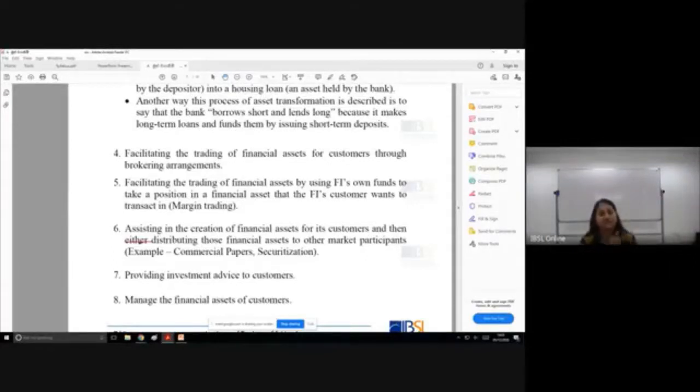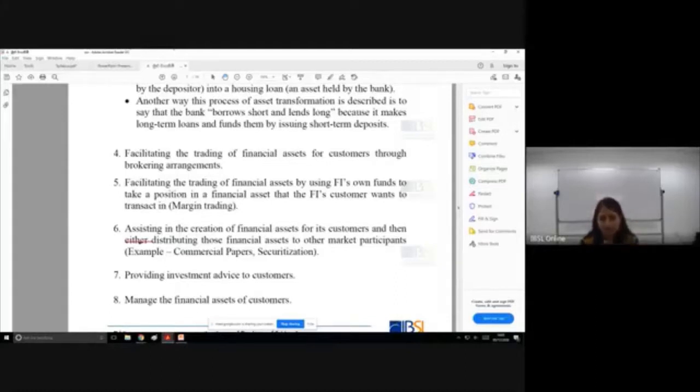Seventh, that is providing investment advice to customers. That is very simple. I hope you all can understand that this particular role is done not only by non-depository institutions, even depository institutions do it.